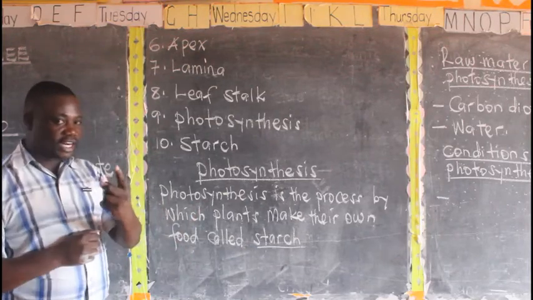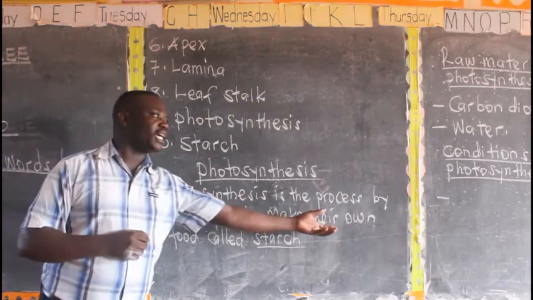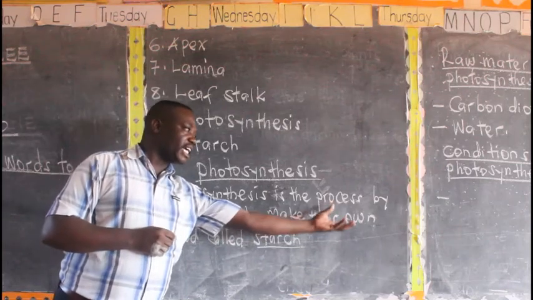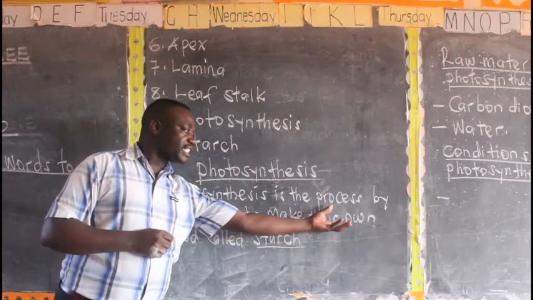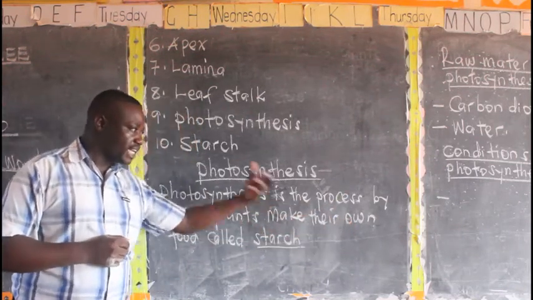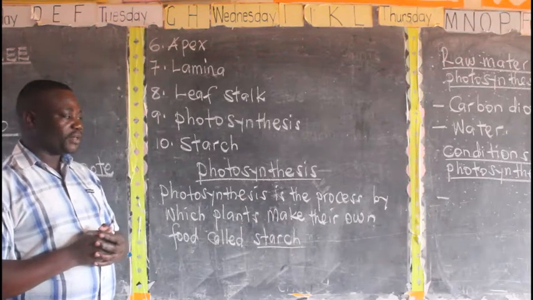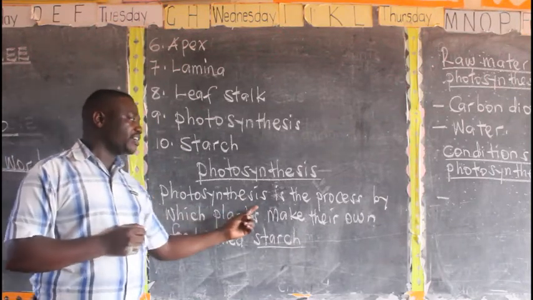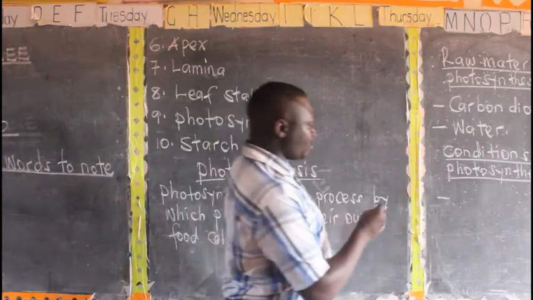That's why we are ignoring the words only green plants, because we have plants in yellow color, and others in different colors, but they are able to make food. Why? They have the green pigment we call chlorophyll.